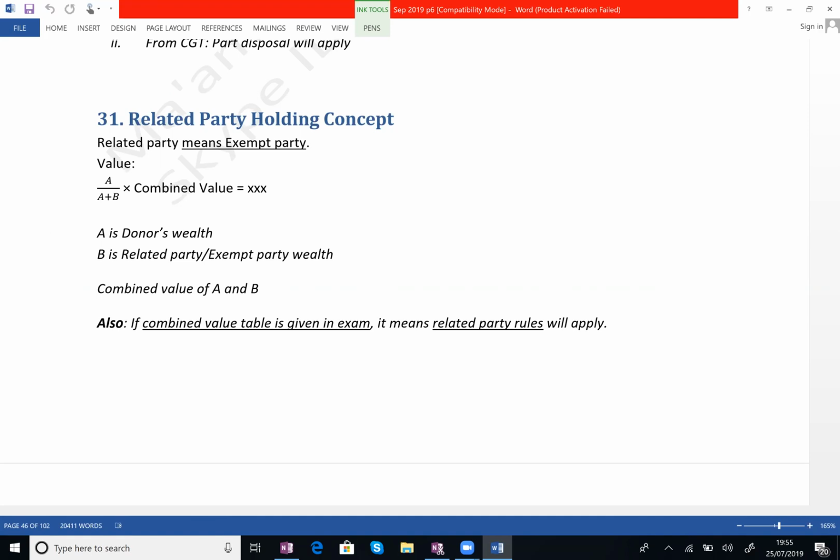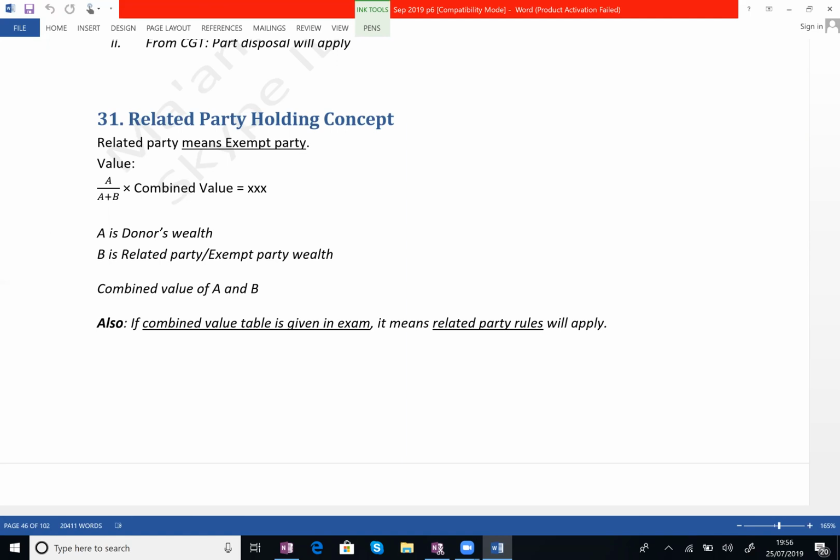But before that, you gifted one asset to a related party, an exempt party, meaning spouse, charity, political party, or national body. And then, secondly, you are gifting to a chargeable party. Then the related party concept applies, right?